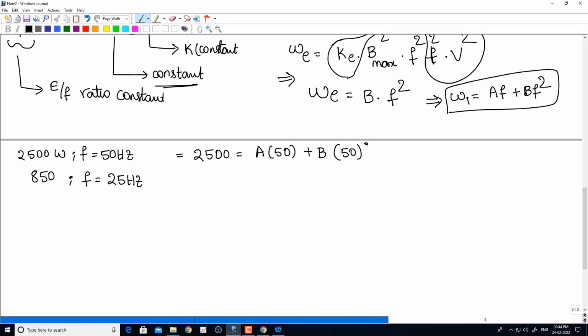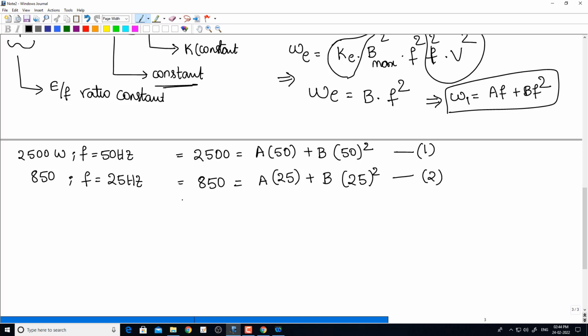Just now we found this relation. Similarly, in the second case iron loss is 850, so 850 is equal to A into 25 plus B into square of the frequency. This is equation 1. This is equation 2.